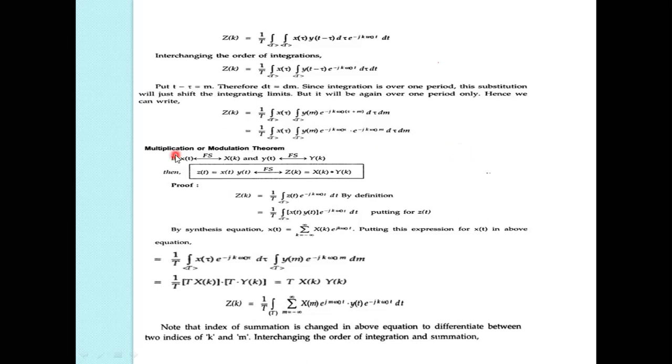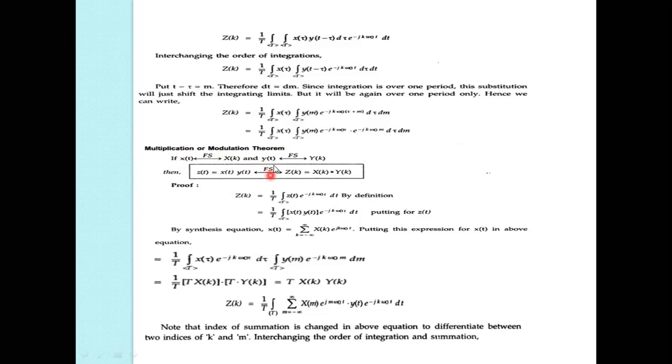But in the next property, the multiplication or modulation theorem, the time signals x of t and y of t are multiplied.